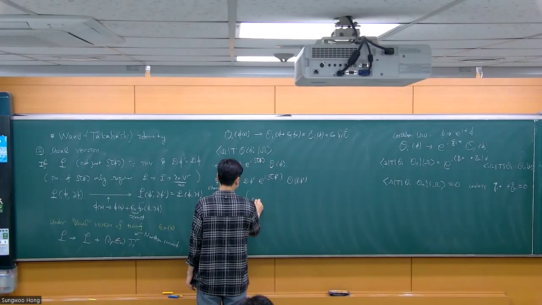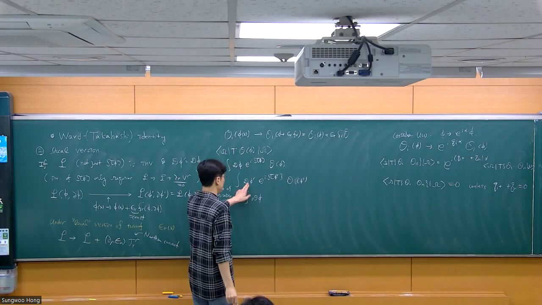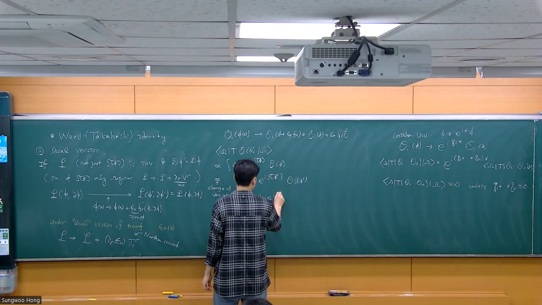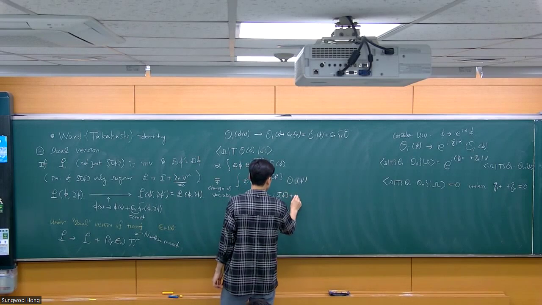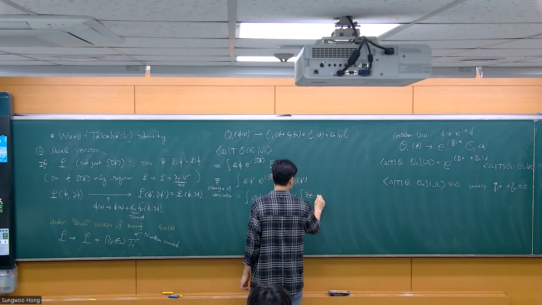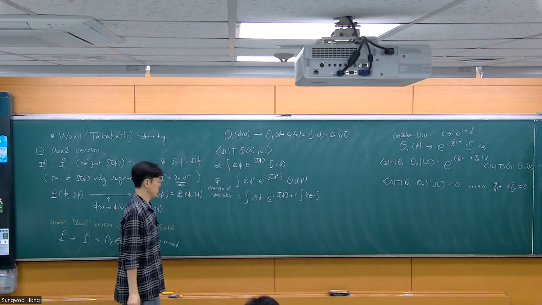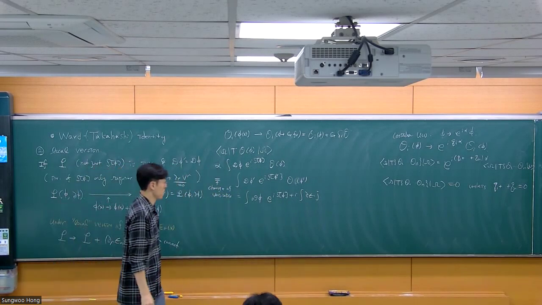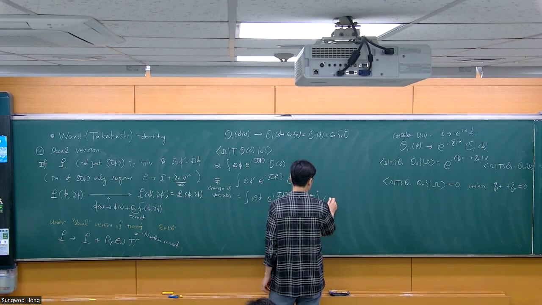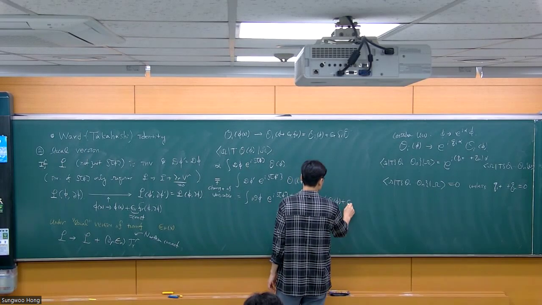I assume that the measure is invariant, and that the action shifts by this. On the other hand, this guy shifts as this plus epsilon.